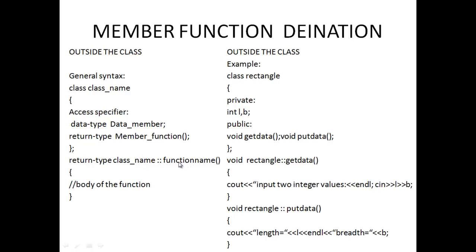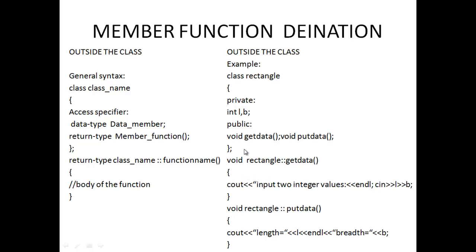This is done by this operator. This operator is known as the scope resolution operator, that is double colon. So here we simply write the return type, then the class name, then double colon, that means the scope resolution operator, then the name of the function. And within the braces the body of the function. So you see the example here.